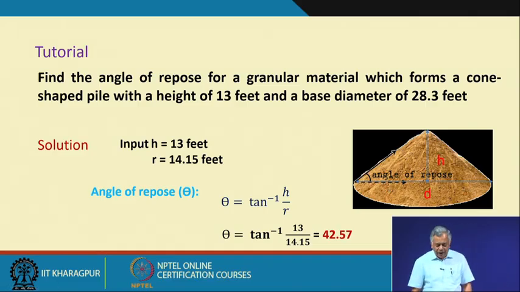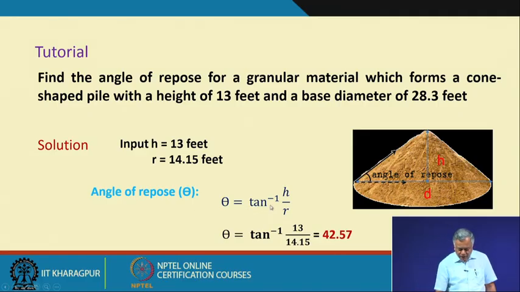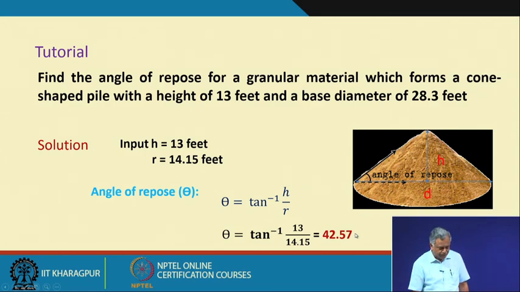So, what will be the angle of repose? It is very easy to do. Tan theta is equal to h by r, so theta is equal to tan inverse of h by r. That is tan inverse of 13 by 14.15, which gives you a value of 42.57.